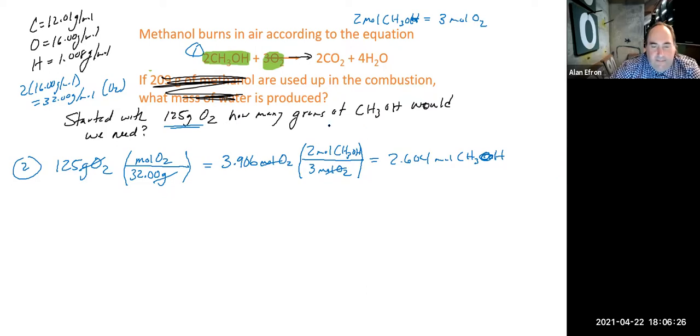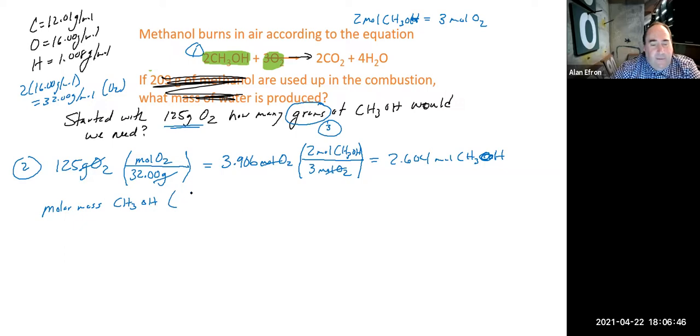Any questions up to that point? So we're very close. We're at moles, but we do want grams. That's going to require us to get the molar mass of methanol. I'm just going to cheat and use what we did on the last slide since it's the same.